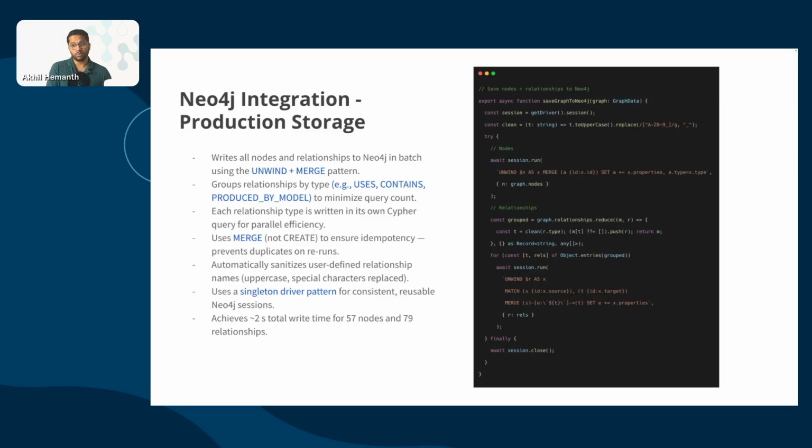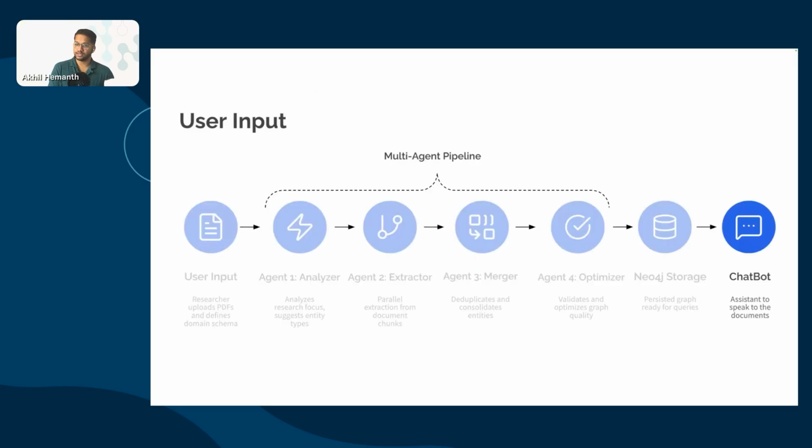Now this gives us the opportunity to use Cypher queries from the chat kit or any chatbot, with the help of the MCP server, to query all of the data and the research that we've done. The final step is we hook it up to the chat kit with the help of Neo4j's MCP server, and then we start asking questions.